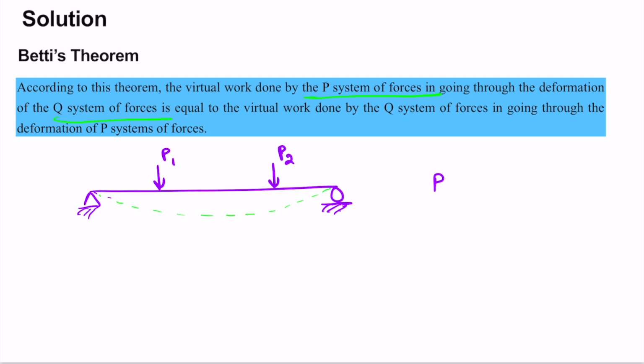Now let us consider one Q system of forces as well. Let us take another simply supported beam here, having a Q system of force, say Q1 here and Q2 here. Because of Q1 and Q2, this beam deflects like this.